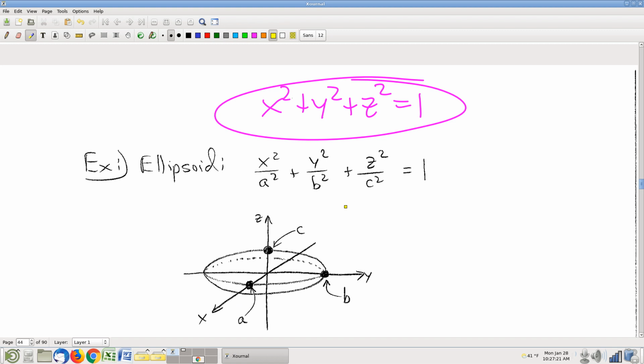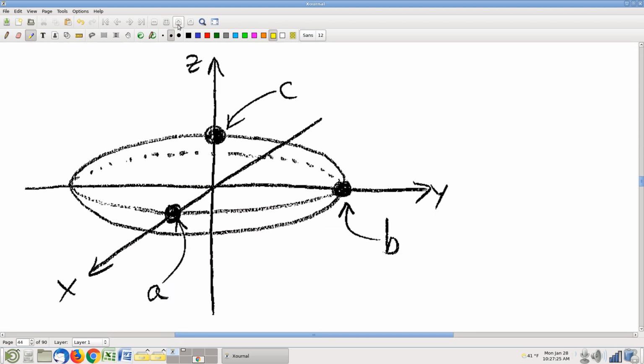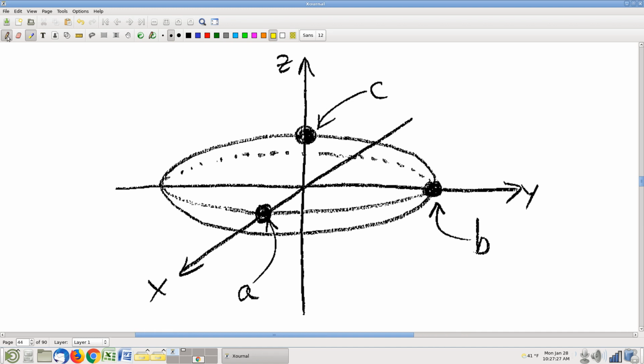And now let me zoom in so I can draw on here. It's like we had a little sphere of radius 1, and it got stretched by a factor of a in the x direction, by a factor of b in the y direction, by a factor of c in the z direction.